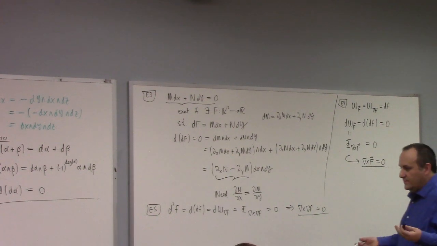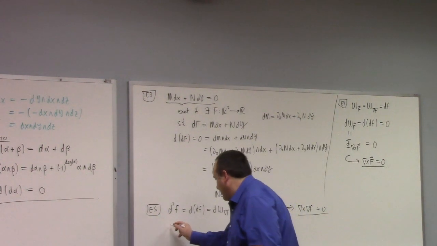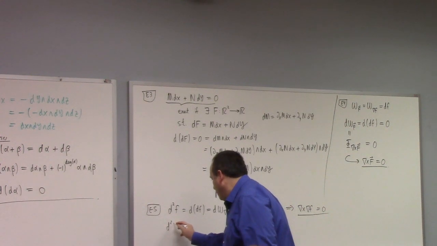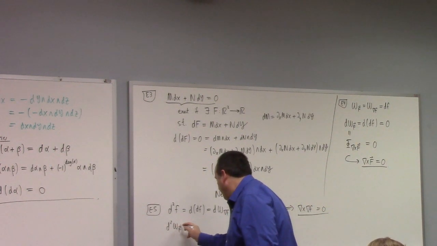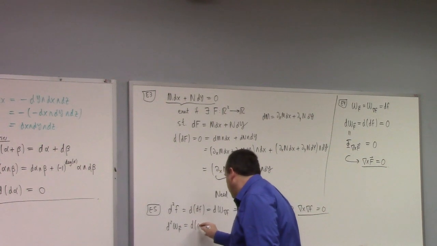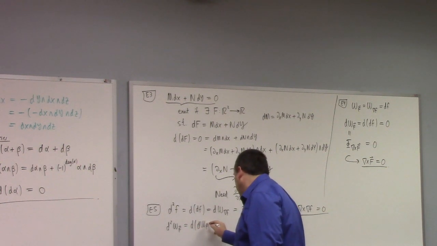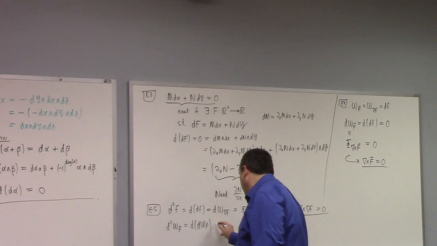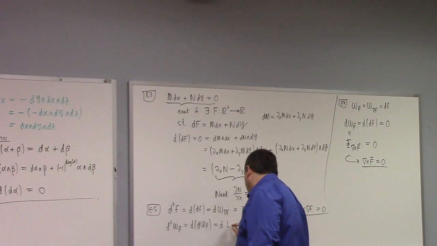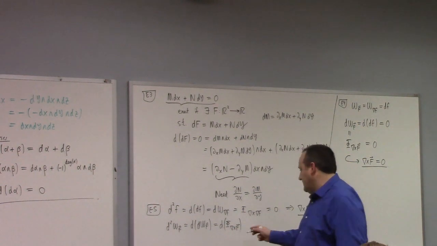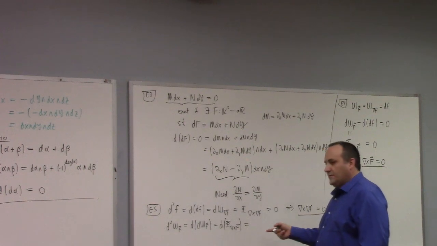And so, great. We could also try this out on the work form of a vector field. So that's d of d omega f. We worked that out. We said, in fact, that was the derivative of the flux form of the curl of f, using that again. But what's the exterior derivative of a 2-form? Well, we worked it out.